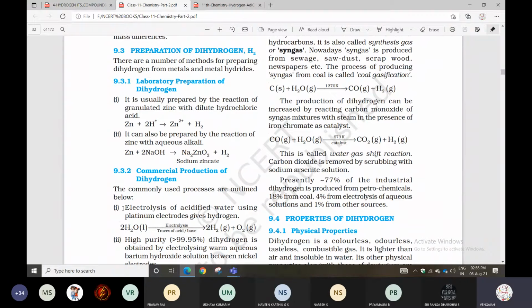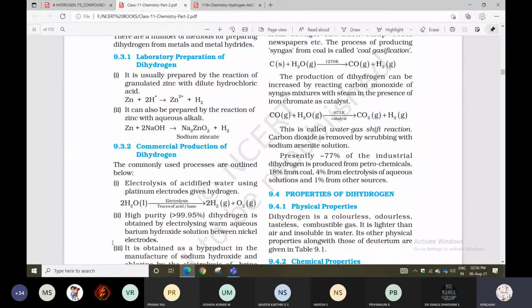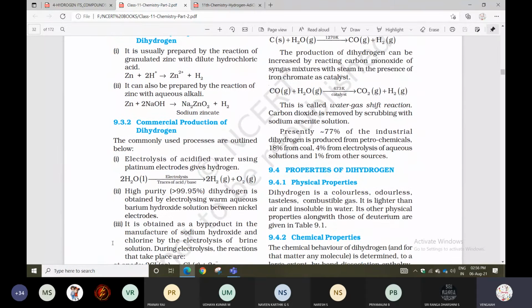High purity dihydrogen, around 99.95%, is obtained by electrolyzing aqueous barium hydroxide solution between nickel electrodes.